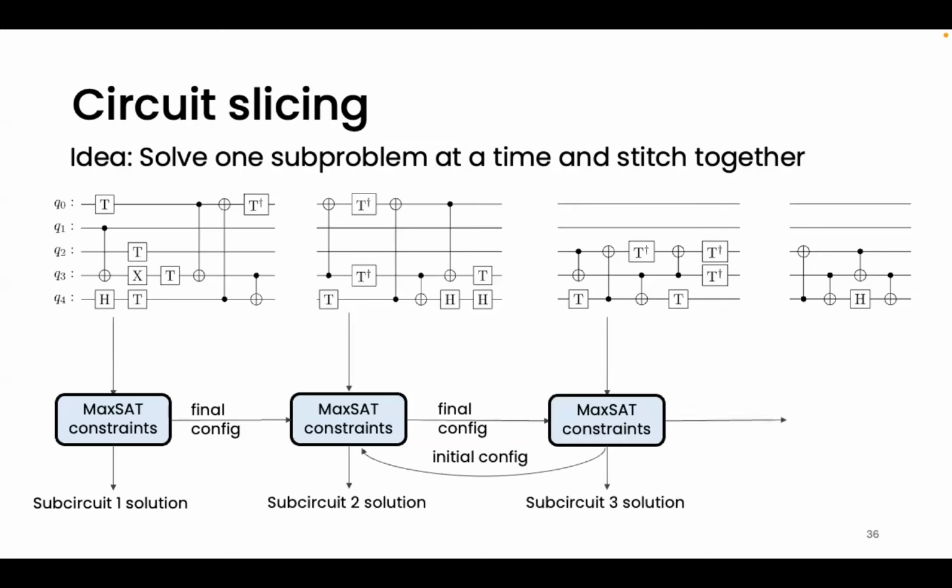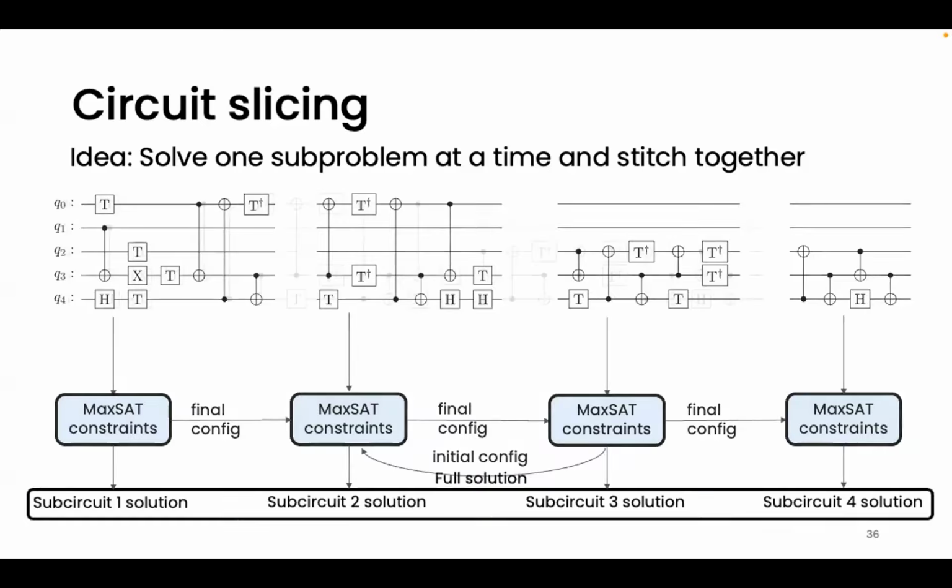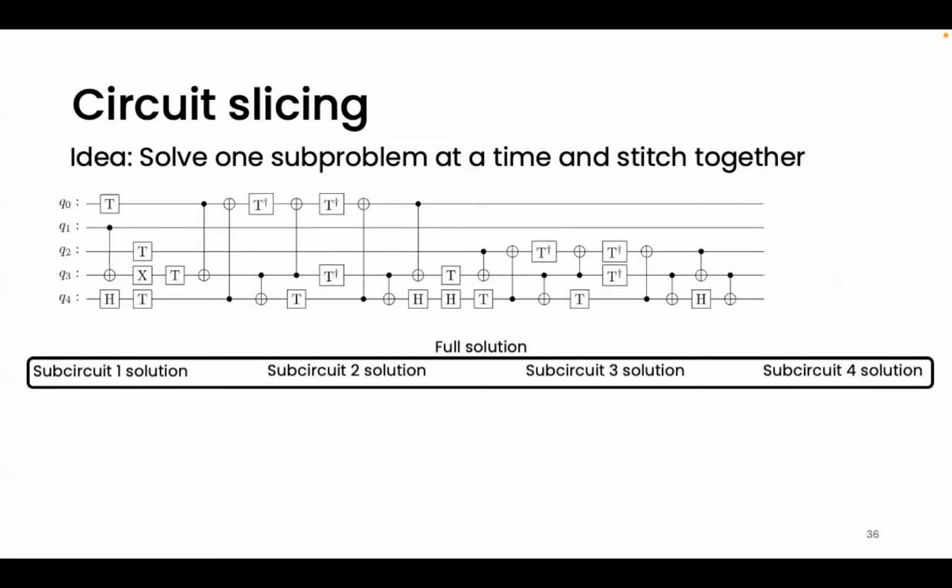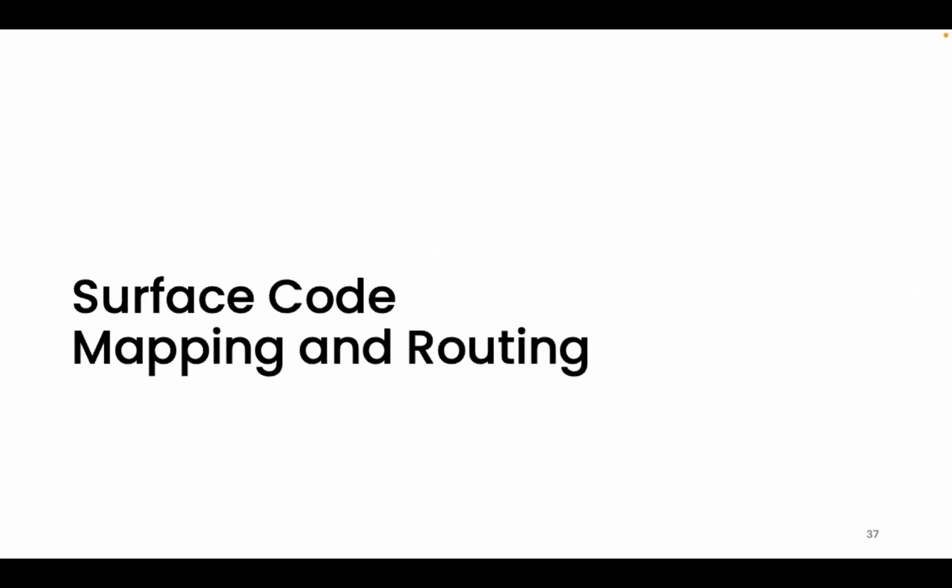Then we can proceed and find some solution for the third subcircuit, and we continue along. Now we have solutions for each of these subcircuits, and because we're passing these constraints between them, we can get a valid solution by just stitching them together. This is how we control the growth in the size of the problem, by doing this slicing procedure. Okay, so that's the NISP problem. I will pause here if there are questions.